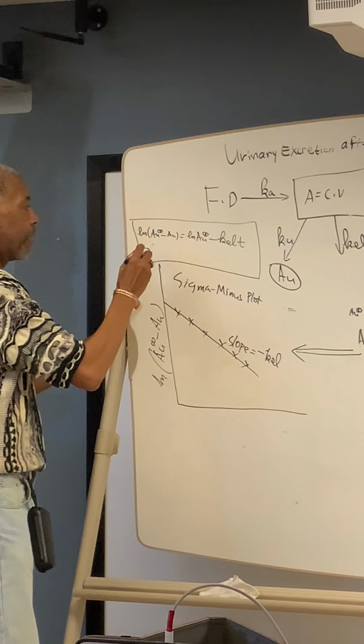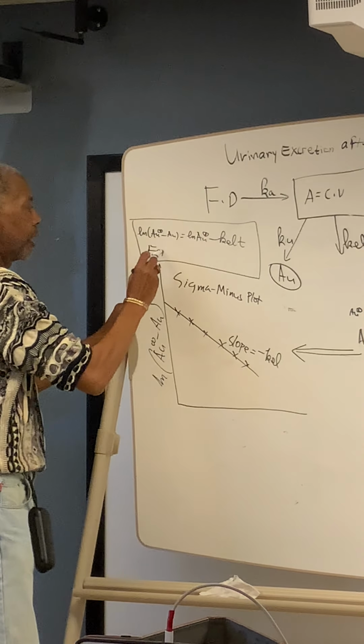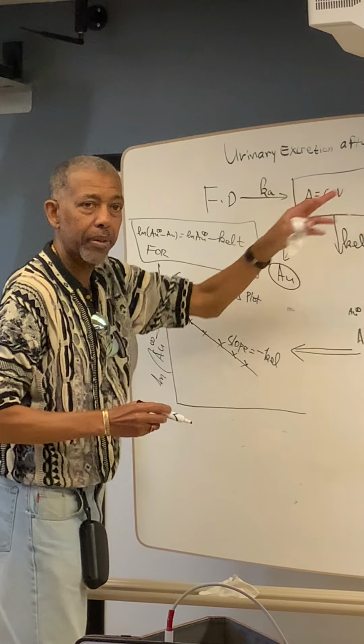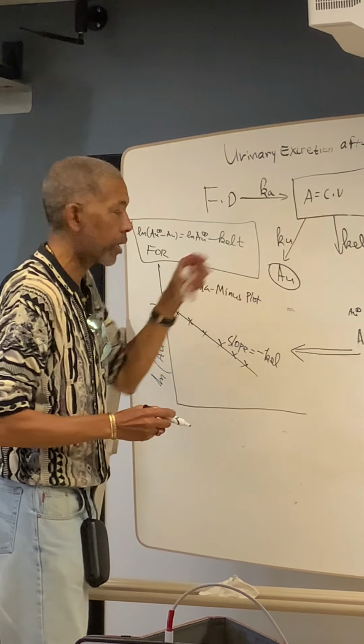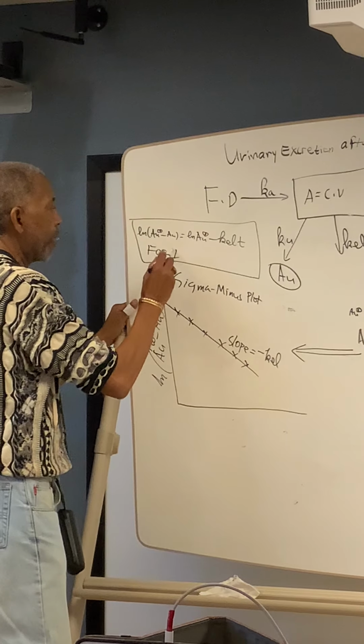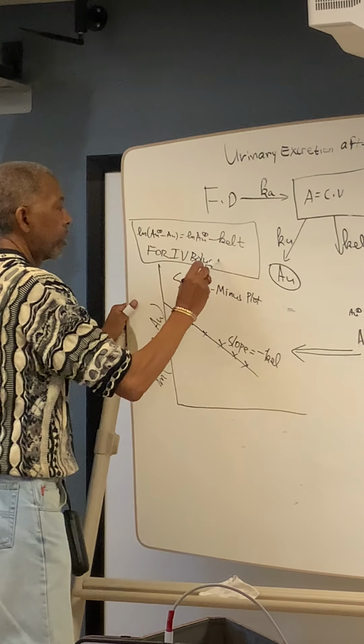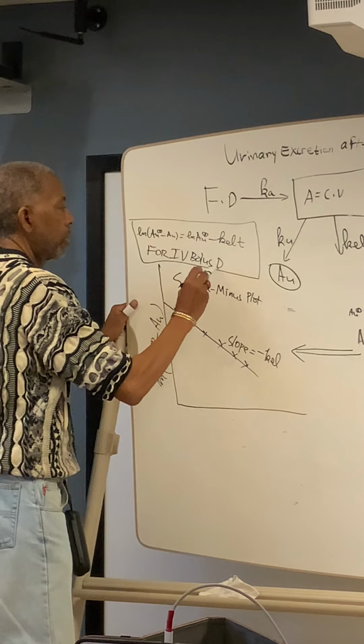This is for IV bolus dose. This is not IV bolus now; we're talking about oral absorption or some route that requires absorption. It doesn't have to be oral, it could be intramuscular or whatever, but usually this model is for oral dose. So this is for IV bolus. We had this equation, y equals mx plus b.